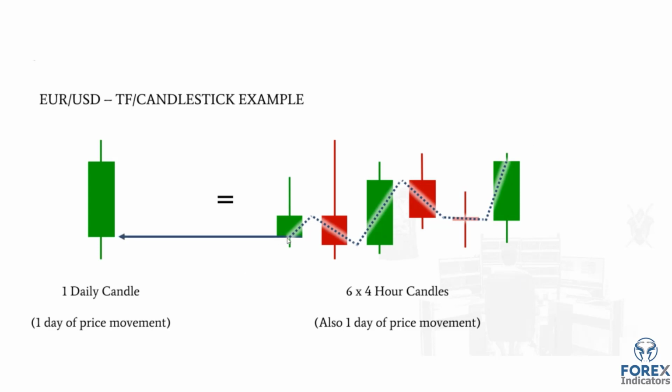So if you now look here, the first 4-hour candle in this series, the open of that candle was also the open of the daily candle. The lowest low of all the candles made in this series represents the lowest low of the daily candle, right?